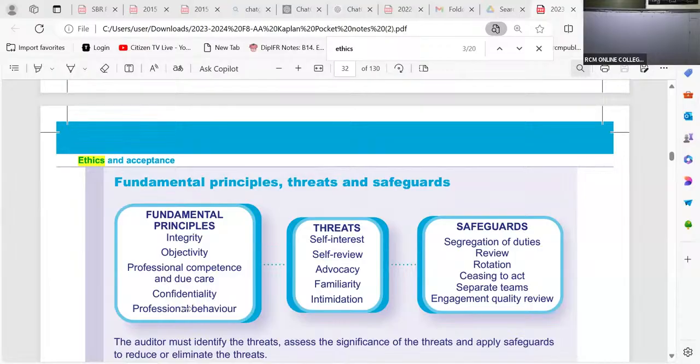Then lastly, we have what we call professional behavior. Ladies and gentlemen, all of us are required to behave in a way that gives credit to our profession. If, for example, you remember this case of this ACCA guy in Zambia, this guy drank himself silly and was wearing an ACCA red tag.